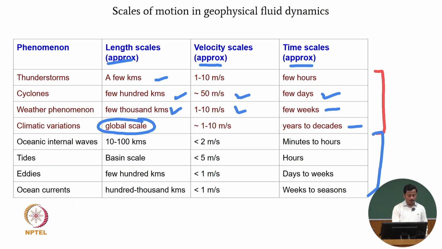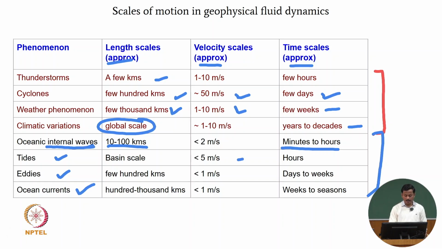Whereas on the other hand, oceanic phenomena, for example, internal waves, we'll get to what internal waves are as we go deeper into the course, are of the order of a few tens of kilometers to hundreds of kilometers, and they exist for minutes to hours. And there are other features, for example, tides, which arise due to gravitational attraction of the moon and the sun, and eddies, which are swirling vortices that you saw in the previous video, or the ocean currents, the Kuroshio current that I mentioned, the Gulf Stream that I mentioned.